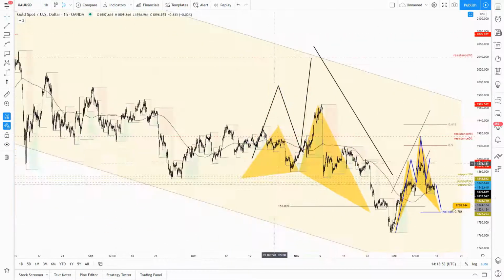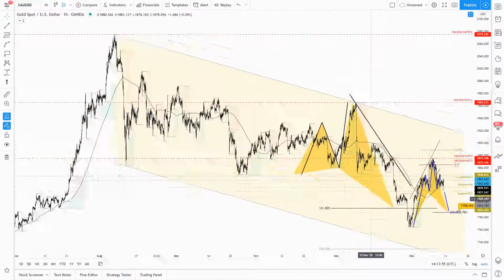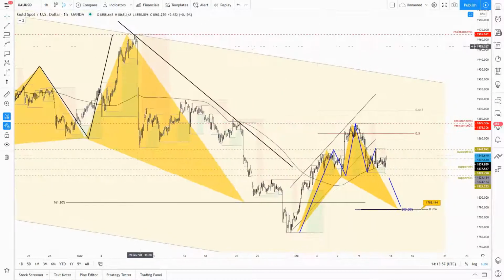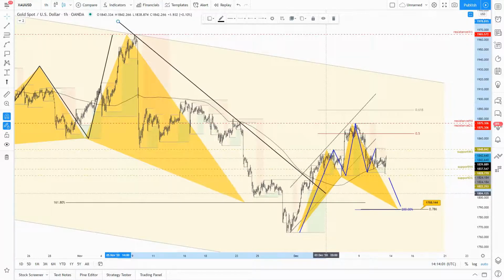So basically we are still inside this major kind of a descending channel, and we have this trend line resistance marking this most recent or minor or lower degree momentum violated already. So the price has already violated that structure, that momentum, and it has started to create this ascending momentum again.